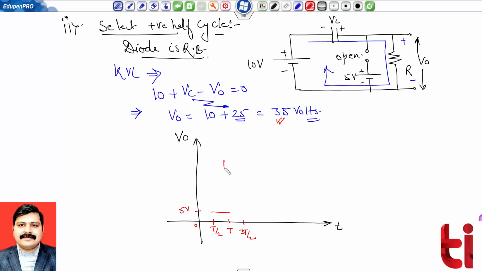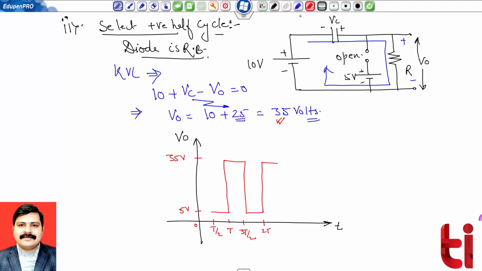So suppose I am saying that this is the mark of my 35. So it will be value of 35, and then continuously for next, like 2T, it will be 5, and for next half cycle it will be 35. Okay, so this is the output signal, and this is the mark of 35 volt.